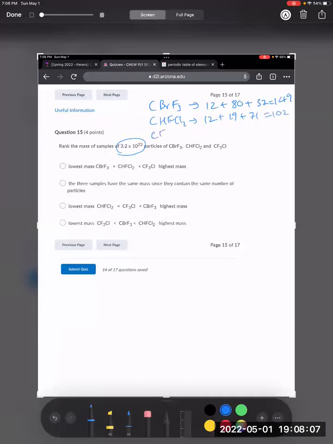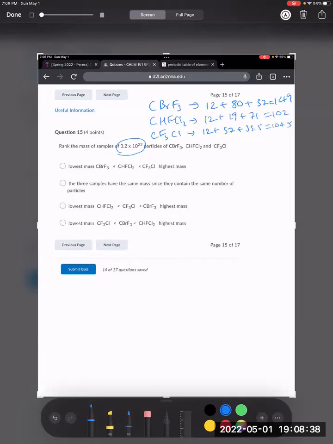And then we have CF3Cl, that is 12 plus 3 times 19 is 57, plus 35.5, and that's going to add up to 92.5. 92.5 plus 12 is 104.5.